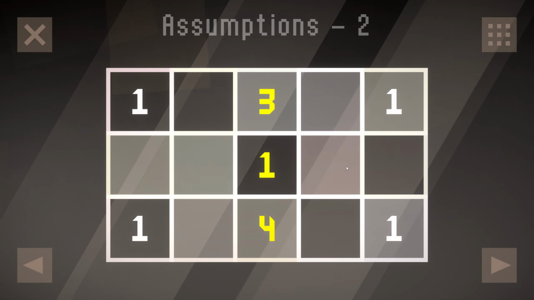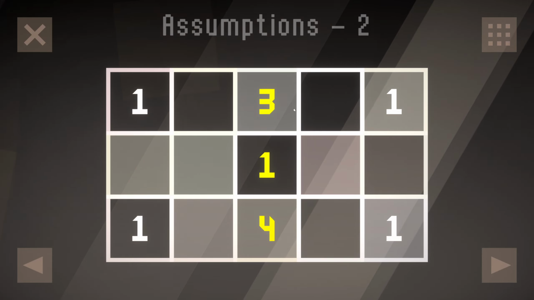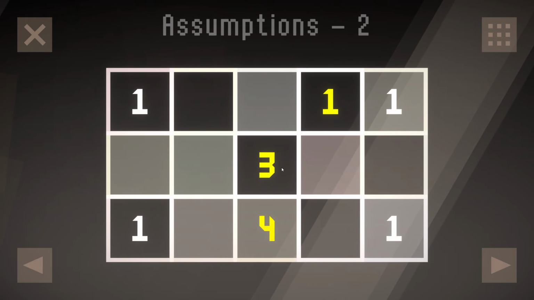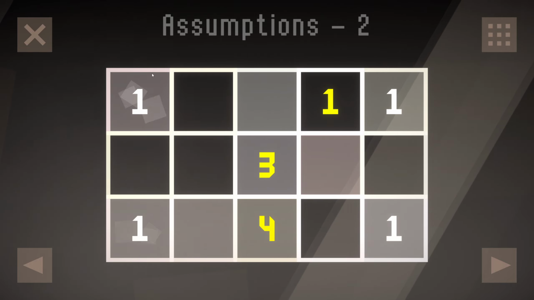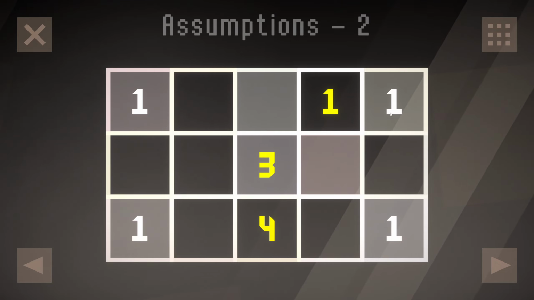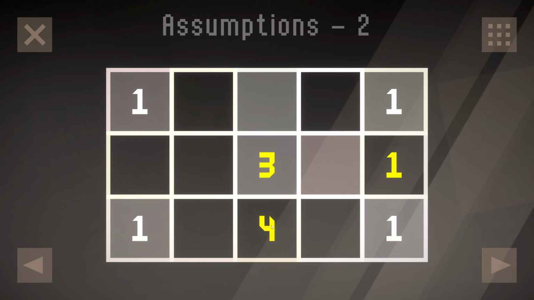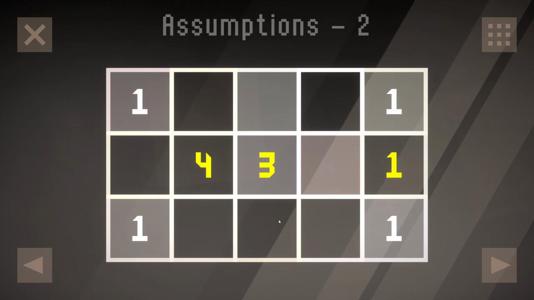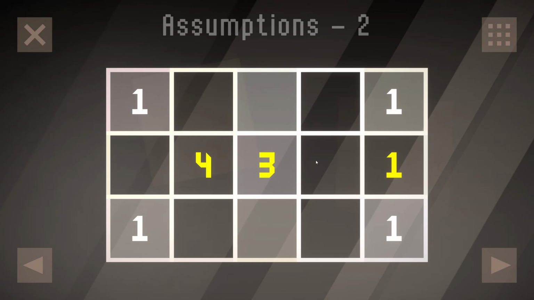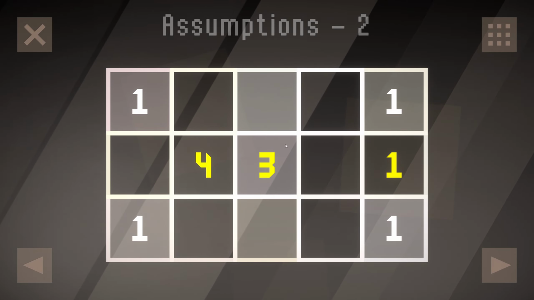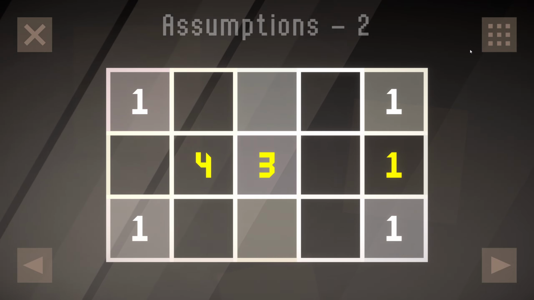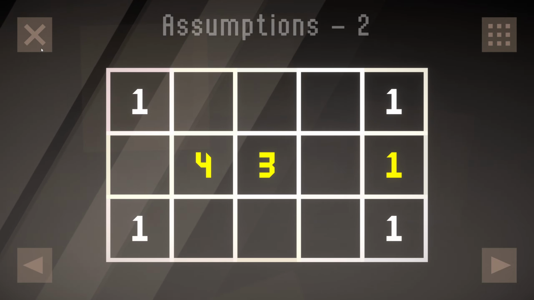How can I make this 3 into an inverted space? 1, 1, 1, 3, 4. I'm so mad that I solved this really fast a minute ago and now I cannot figure it out at all. It's ludicrous.